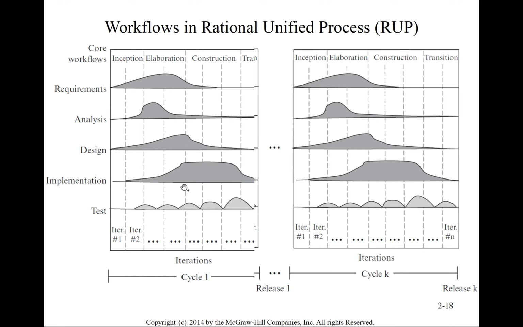In a rough project, we divide the time into iterations. So iterations may be 1 week all the way up to 2 months. And it divides a project into 4 phases: inception phase, elaboration phase, construction phase, and transition phase.